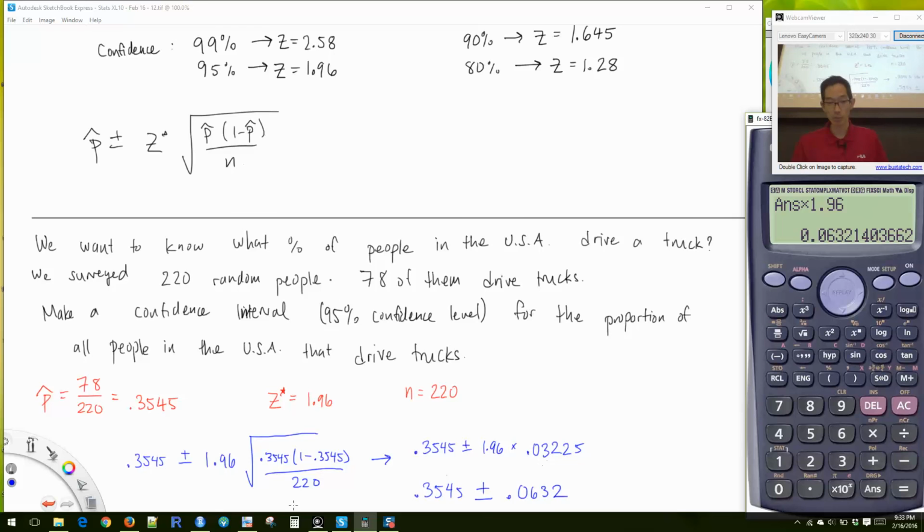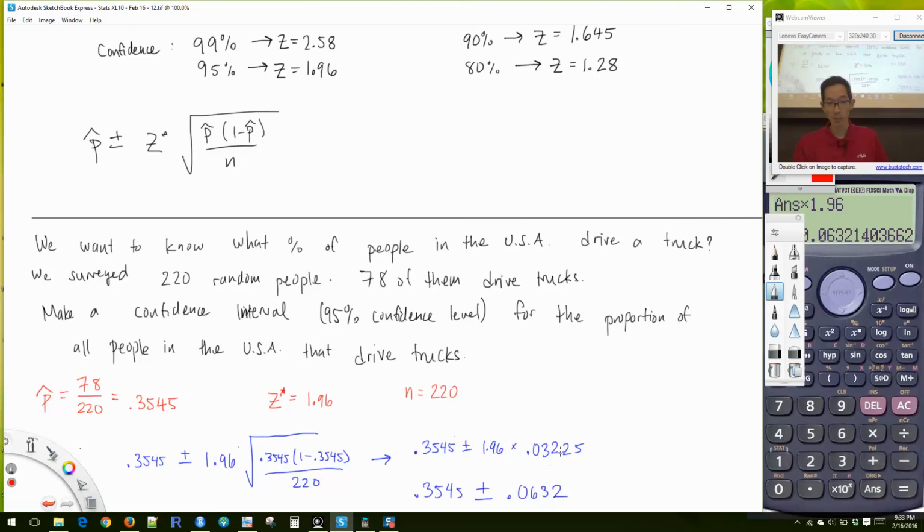These two numbers combine. If I multiply 1.96 times 0.03225, I get 0.0632. So all I've done is just copy each of my steps here. All right, so now I have 0.3545 plus 0.0632, and I have 0.3545 minus 0.0632.